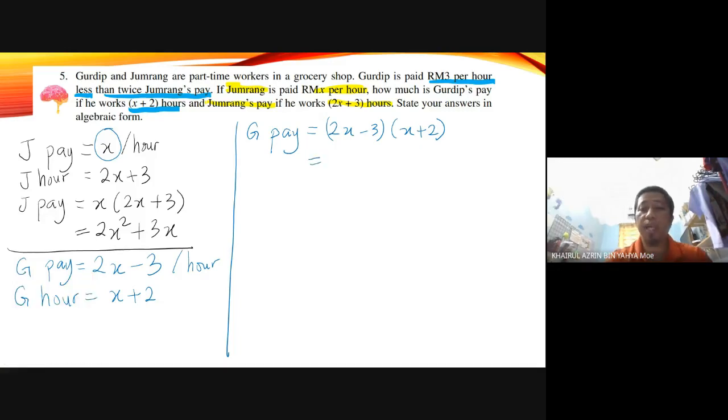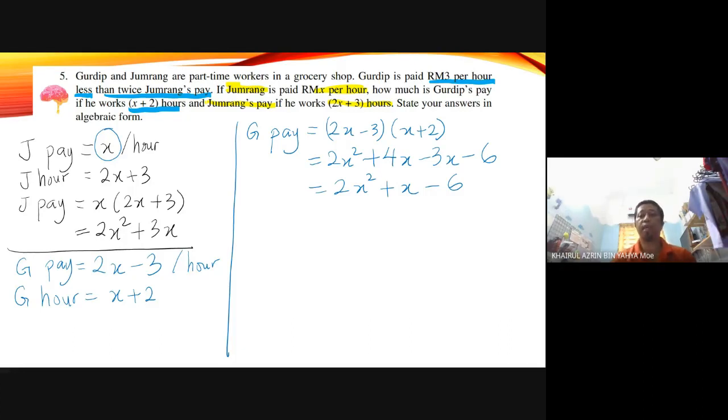So 2x times x equal to 2x squared. 2x times 2 is 4x. And then minus 3 times x is minus 3x. And then here is minus 6. Simplify. 2x squared plus 4x minus 3x is 1x, but no need to write the 1, you just write x minus 6. Okay, so now we get Jumrang's pay and also Gurdip's pay.